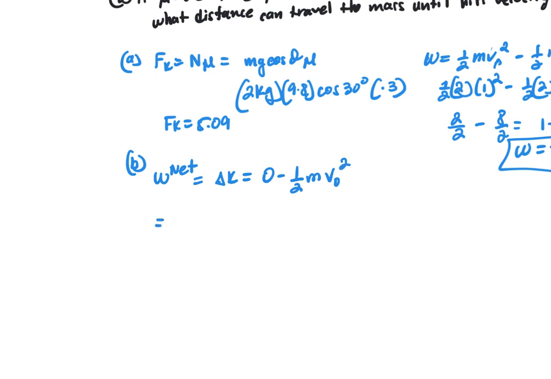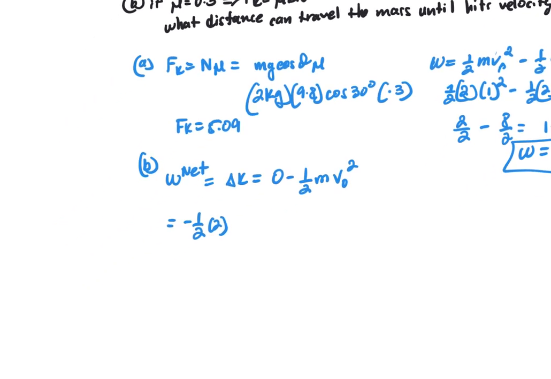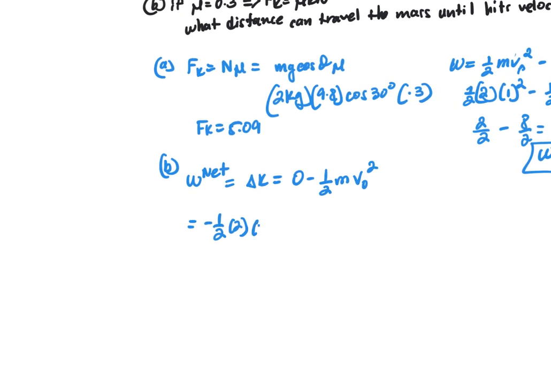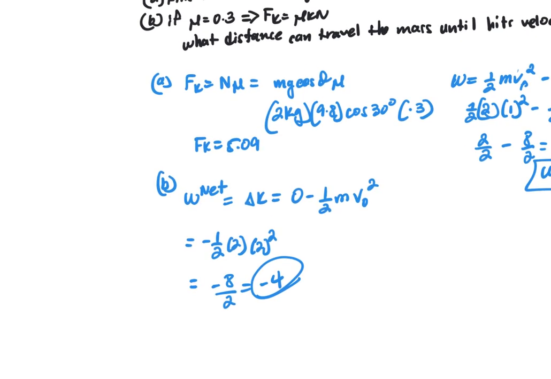So we end up with 1/2 of 2, and it says the final velocity is 0. So the initial velocity is 2, so 2 squared. So we end up with -8 over 2, so the final is 4. So the distance traveled when it reaches 0 will be 4.